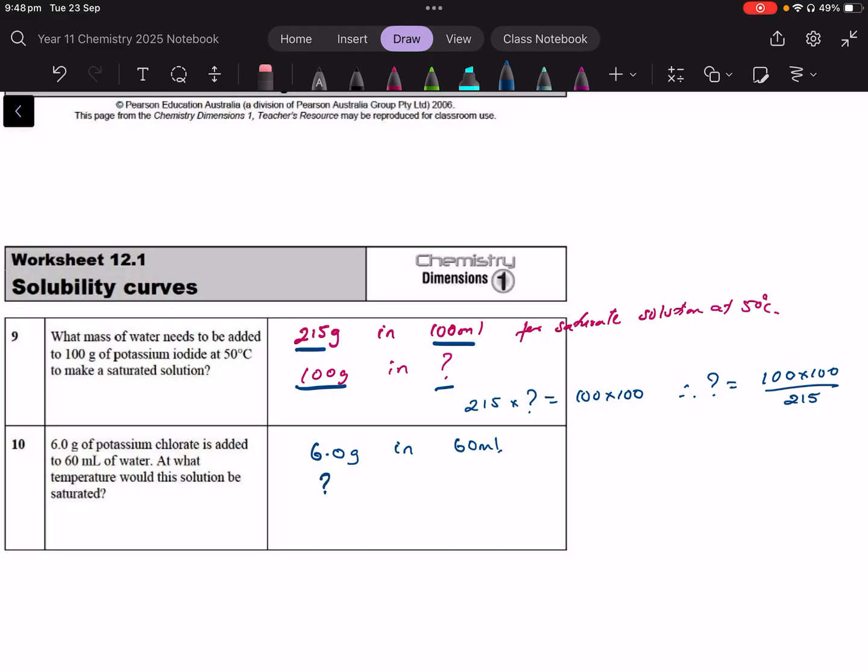So really I want how much salt do I need to add if I had 100 milliliters of water, and that's going to be 6 multiplied by 100, divided by 60, which will give me the question mark, which is equal to 10. So 10 grams per 100 milliliters of water.